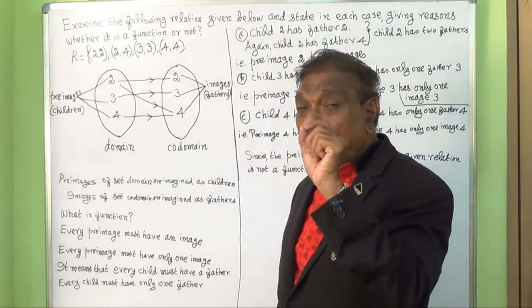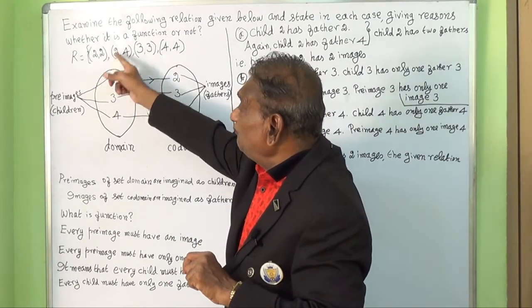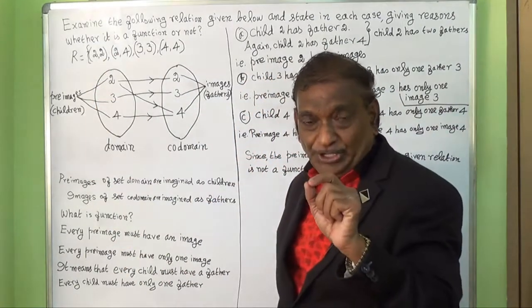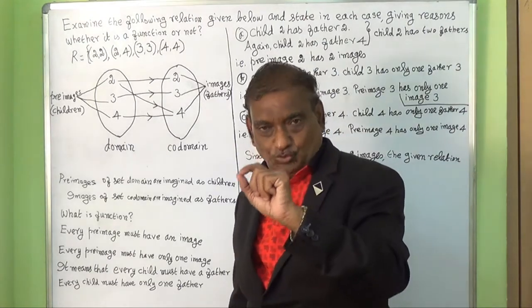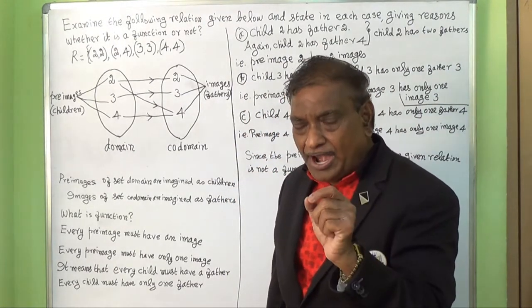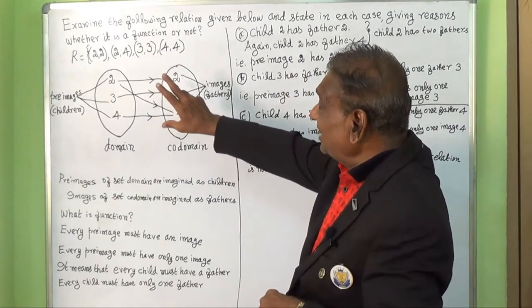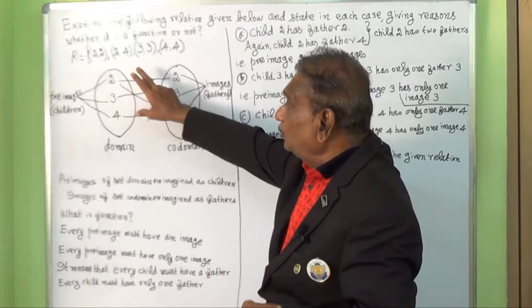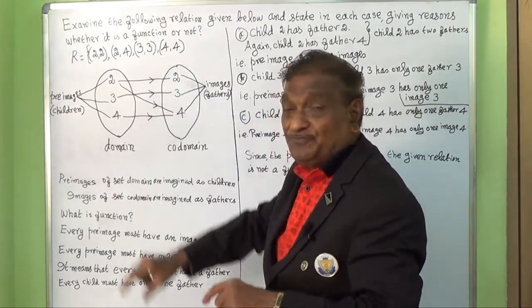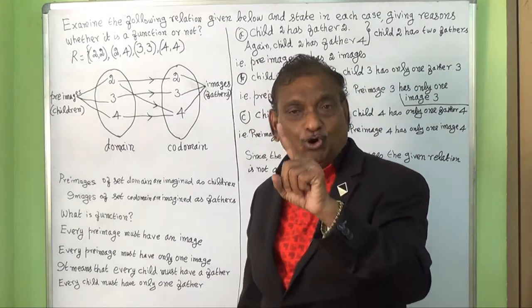In the first ordered pair 2, 2, the first element is 2, the second element is 2. That is, the pre-image is 2 and the image is 2. In the case of the second ordered pair 2, 4, the first element is 2, the second element is 4.